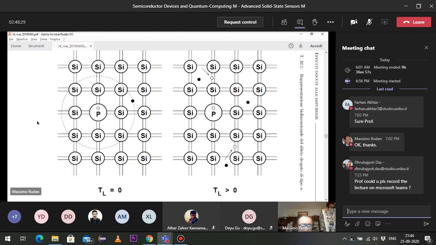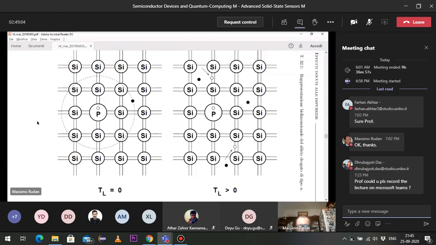So the charge of the orbiting electron is compensated by one of the protons of phosphorus, and this proton is, of course, positive, and it is symbolically indicated with that white dot in the phosphorus atom, okay? So when we are at 0 Kelvin, nothing happens, okay? This is the situation that is shown in the left part of the figure.